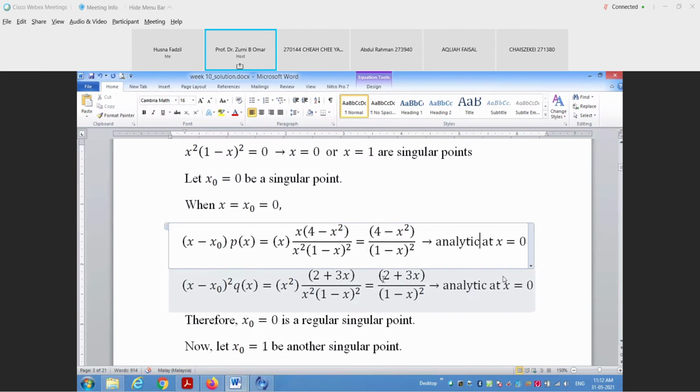The same thing here, replace x with 0. We have (2 plus 0) over (1 minus 0), which is 2. Since these two functions have values, both are defined at x equal to 0. That means x naught equal to 0 is regular singular, because both functions are defined at x naught equal to 0.